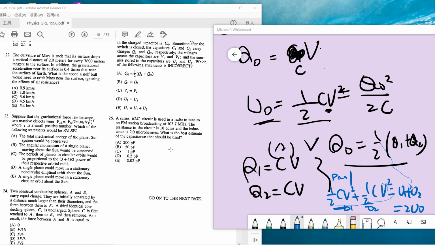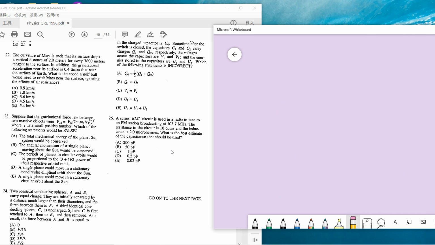Okay, 26. LC circuits. Somebody gives you the inductance and asks you to estimate the capacitance.